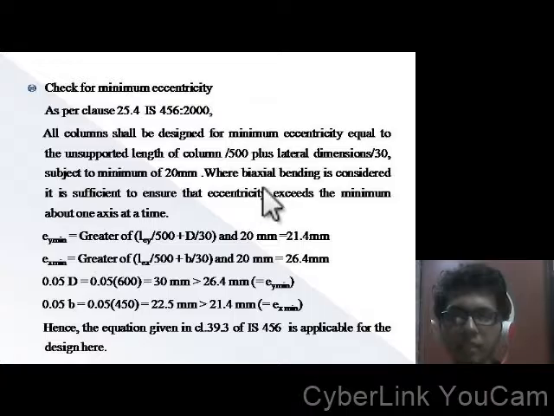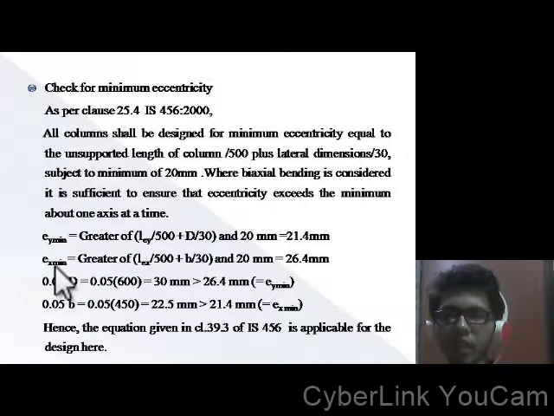Where biaxial bending is considered, it is sufficient to ensure that eccentricity exceeds the minimum about one axis at a time. So we will find EY minimum. EY minimum should be the greater value of LEY by 500 plus D by 30, and we will get it as 21.4. So the greater value of 21.4 and 20 mm we will choose as the EY minimum.